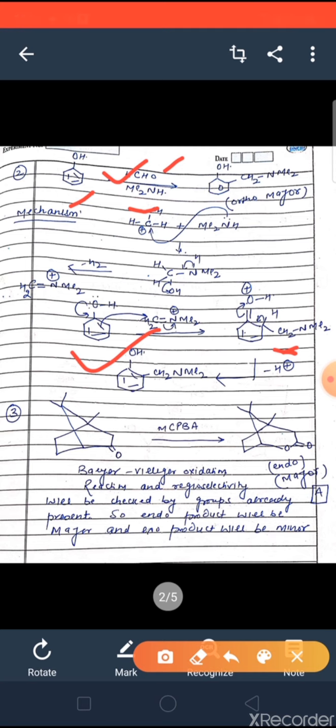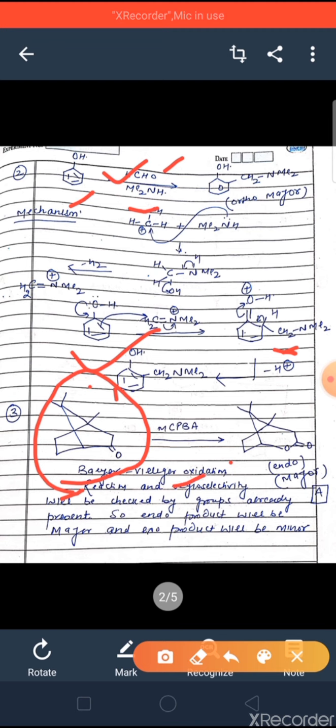Now come to question number 3. Question number 3 is basically the Baeyer-Villiger oxidation reaction, Baeyer-Villiger rearrangement reaction we can also say, and here we will have to take special attention about the migratory aptitude, as a bulky group is already present, and this is a case of a bicyclo compound, and when bulky groups are present and these bulky groups are present at the exo position, two different kinds of product will be synthesized.